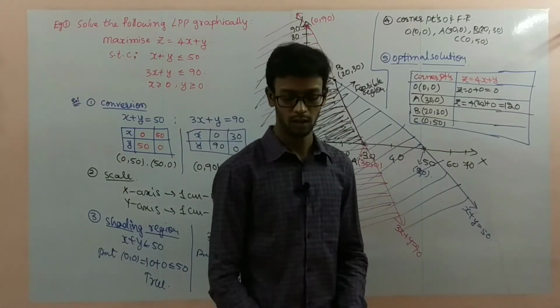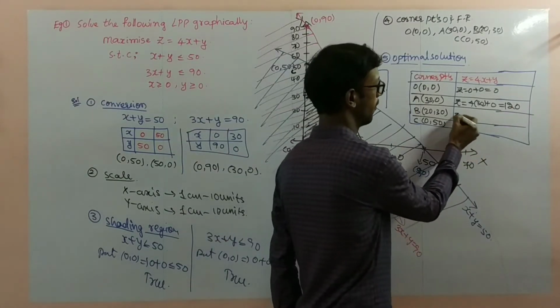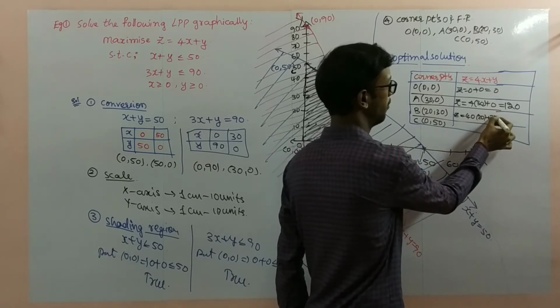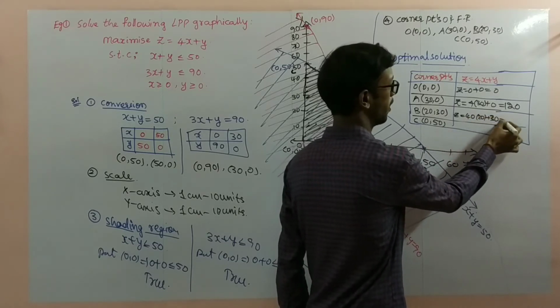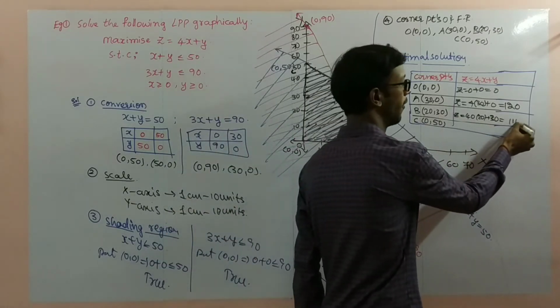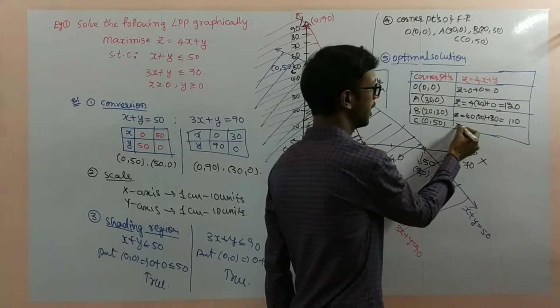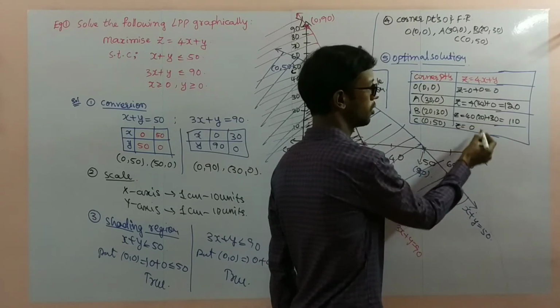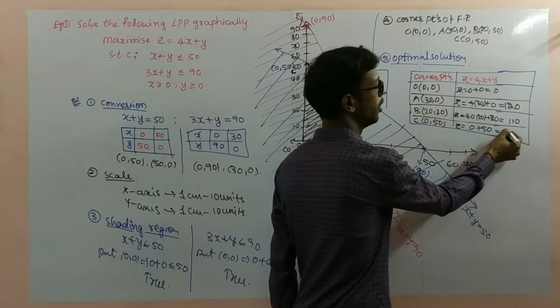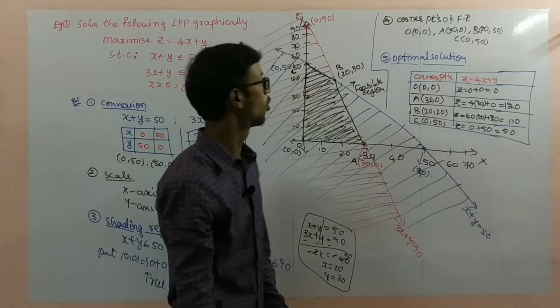Next, z equals 4 into 20 plus 30. Substituting, 80 plus 30 is 110. Then z equals 0 plus 50, that value is 50.